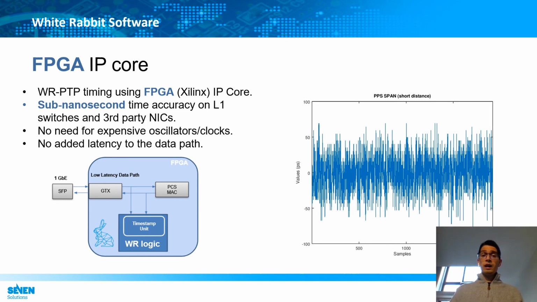For that reason, having software solutions that you can integrate in the actual network equipment that they use for the data management, NIC cards or layer 1 switches, is important. And that needs to be done without relying on expensive oscillators or clocks and without affecting the latency of the data path.